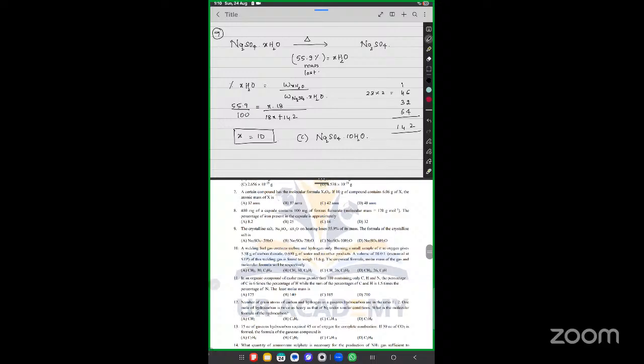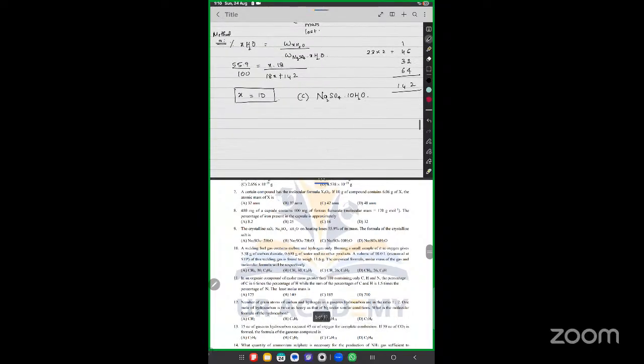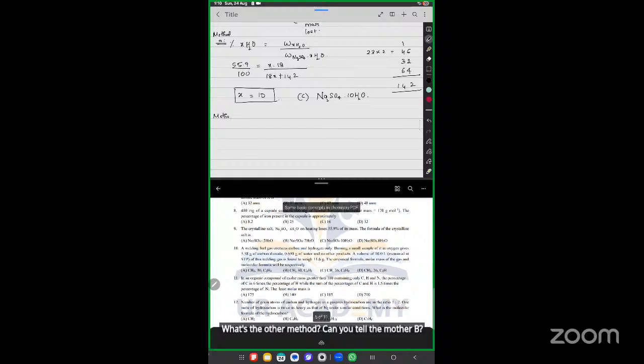You can do it the other way also. This is method A. What's the other method? Can you tell the method B? Ma'am, 142 by 142 plus 18x is equal to 44.1%. Very good. So that also you can do. So you are going to take the percentage of Na2SO4 present in that.